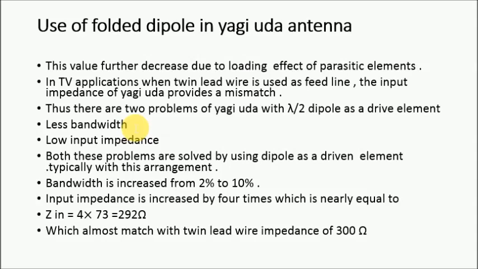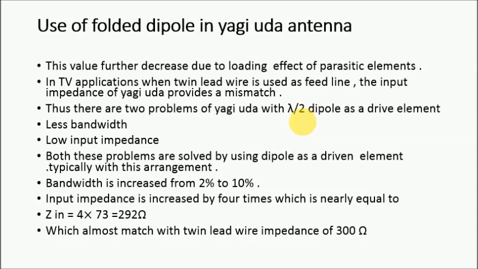In TV applications, when twin lead wire is used as a feed line, the input impedance of the Yagi-Uda antenna is mismatched, and thus there is no proper power transmission.